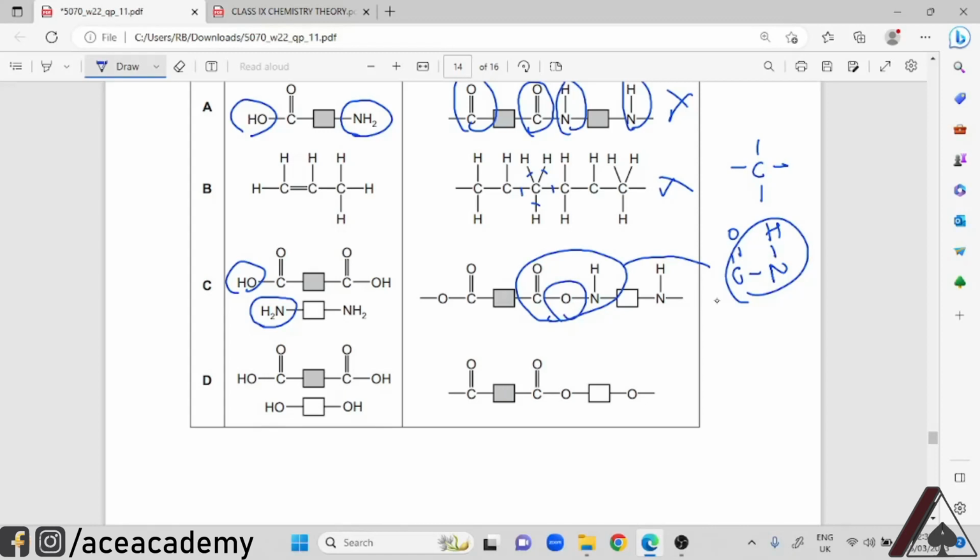This oxygen atom destroys this amide linkage structure. As a result, this is not the answer. And for option D, we have this OH structure over here, this alcohol functional group. So this is supposed to form an ester linkage, and we know that this is an ester linkage, so this is correct. As a result, option D is the answer.